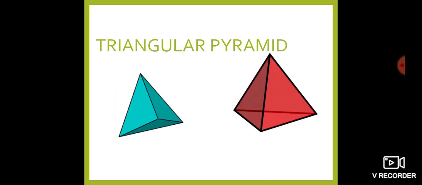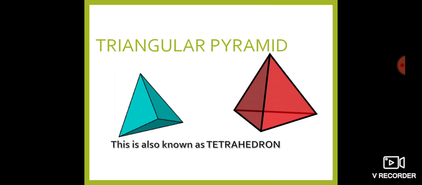Example is here, you can see another 3D shape. This is also known as tetrahedron. The other name of triangular pyramid is tetrahedron. Here you can see some examples like pyramids, triangular pyramids also.